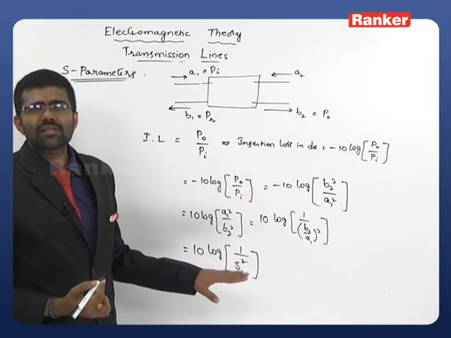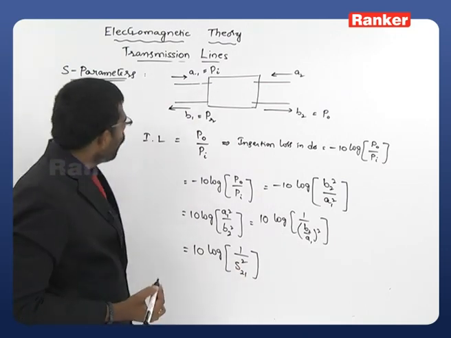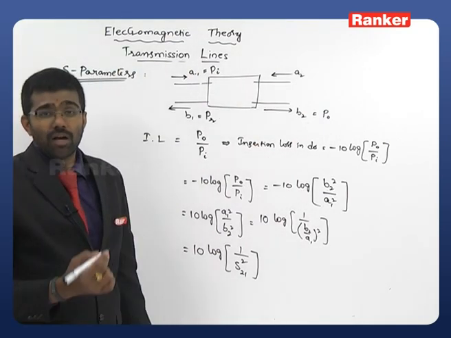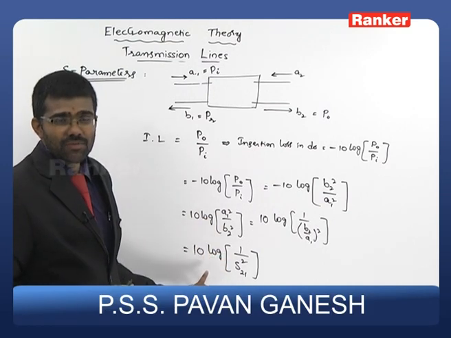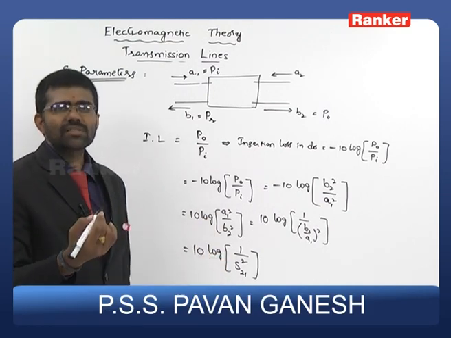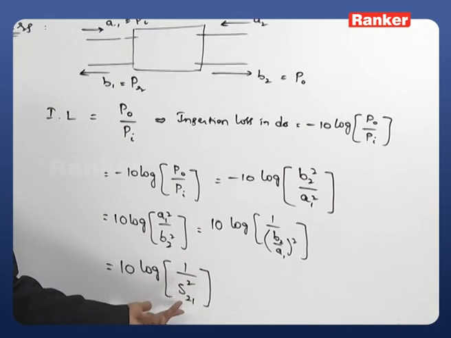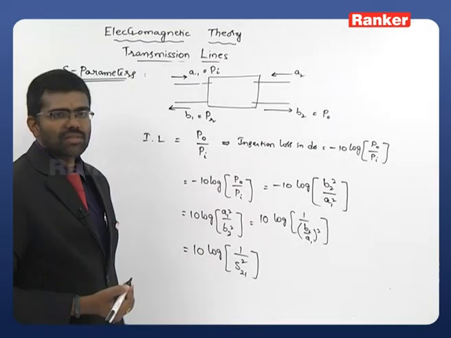So simply this is the insertion loss for any particular 2-port device. So how much amount of power is transmitted from port 2 to 1, it's inserted, while it is inserting, how much amount we lost? This can be calculated using this particular formula, and if it is a symmetric junction, then S21 is equal to S12. So we can replace that one with S12 also. So this is a simple formula for insertion loss.